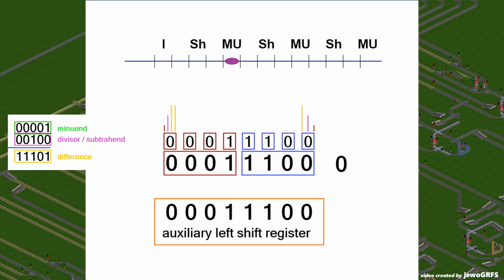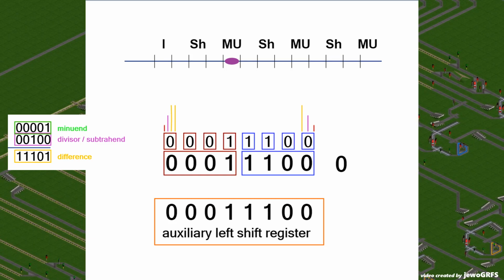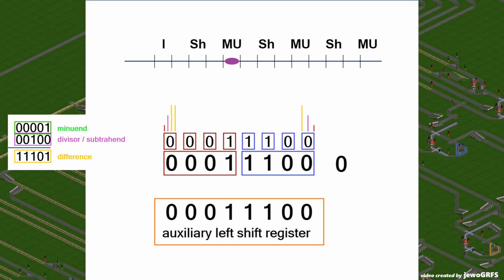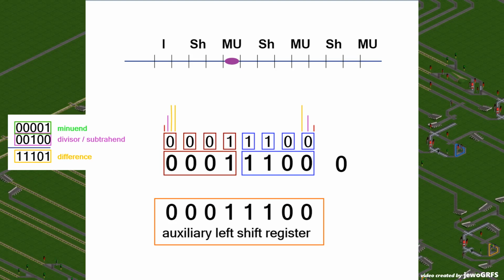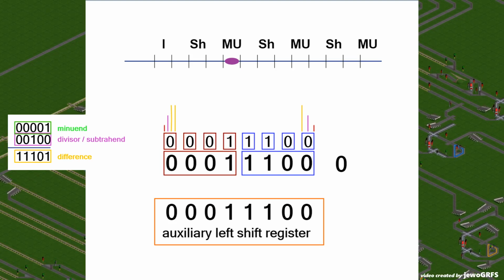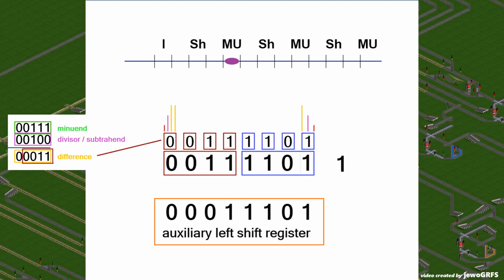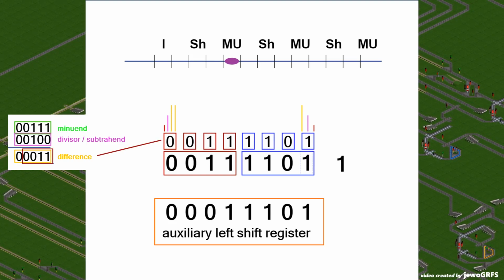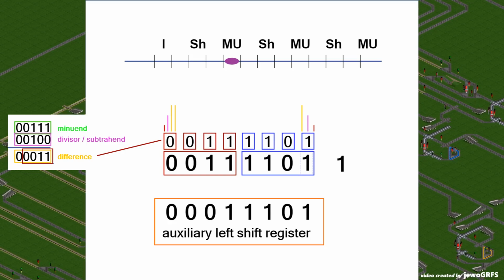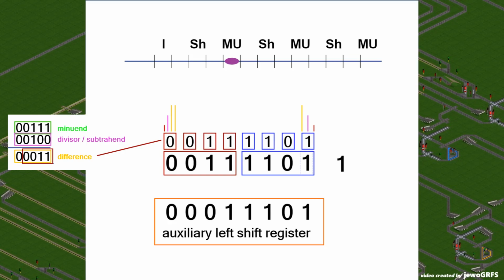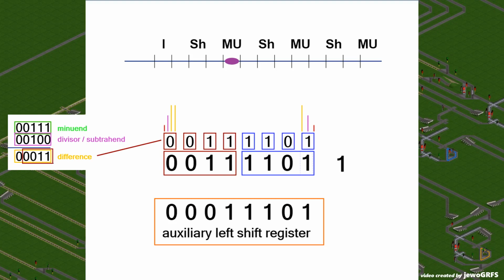So both brown and blue selectors will give us as output the values of the auxiliary left shift register. When our most significant bit of the difference is equal to 0, it means that the difference is 0 or above 0, and it means that our quotient is 1.